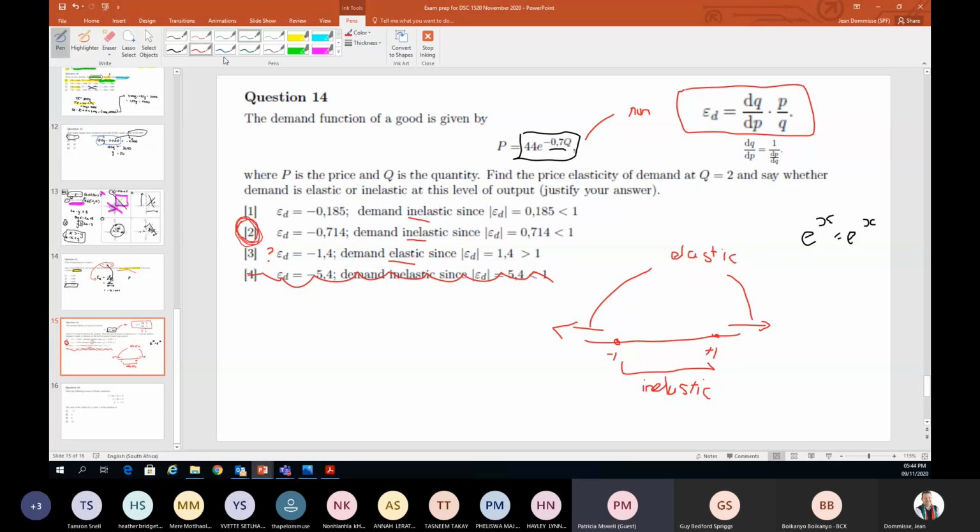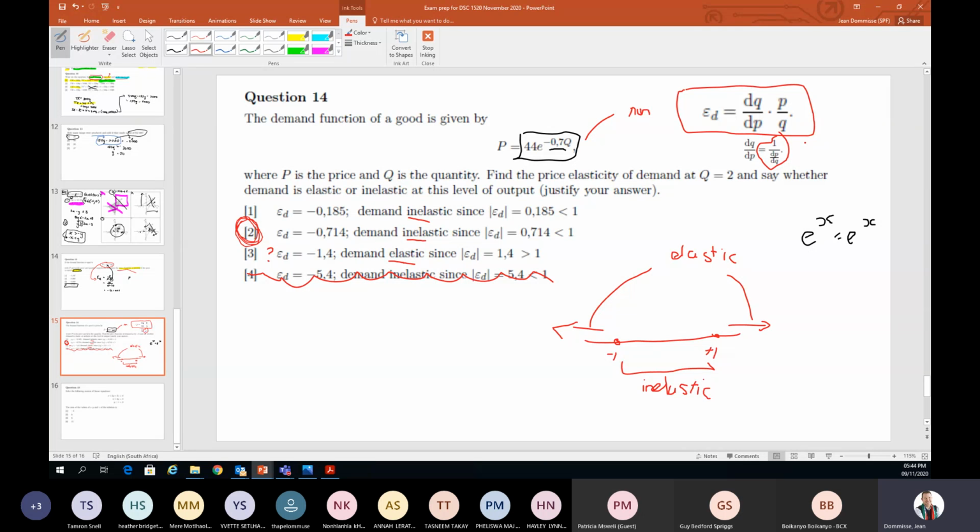They use dp over dq times p over q. Correct. And then they replaced that in there times p over q.